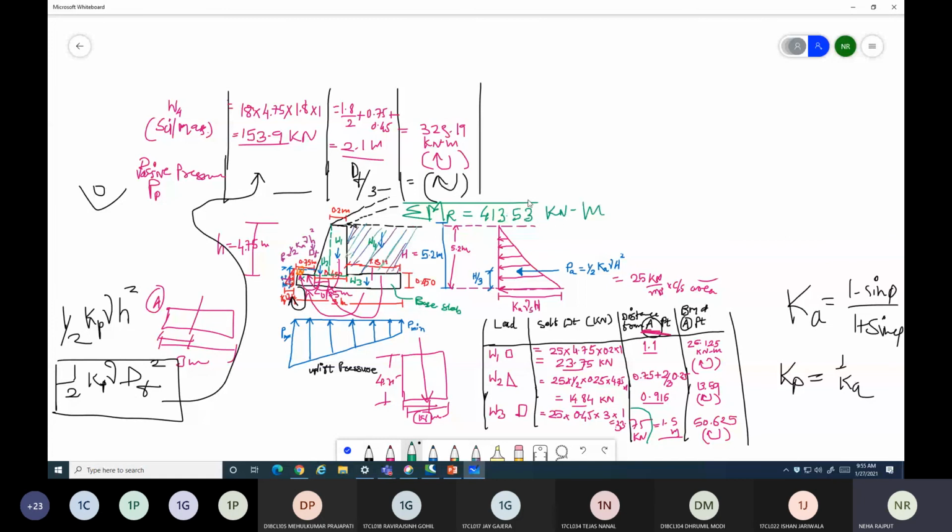So this is your resisting moment, 413.53 kilonewton into meter. If you want, then you can consider this passive pressure also and add that, तो आपको मिल जाएगा 413.53.